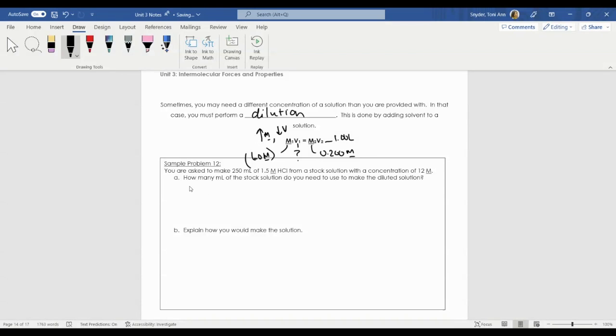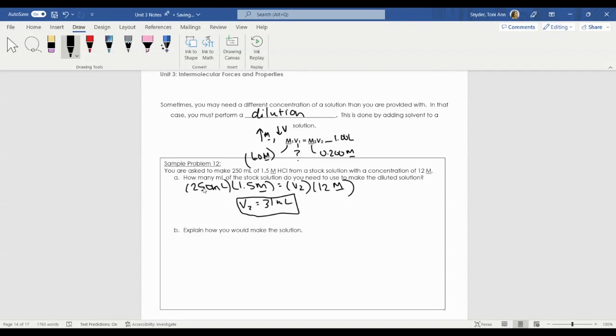So we want 250 milliliters of a 1.5 molar solution, and we want to know what volume of this 12 molar solution I need to make this. Basically you would solve this like you would any algebra problem, and you find 31 milliliters.